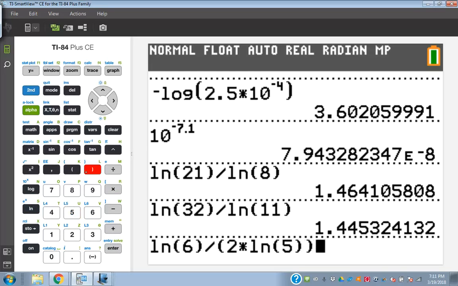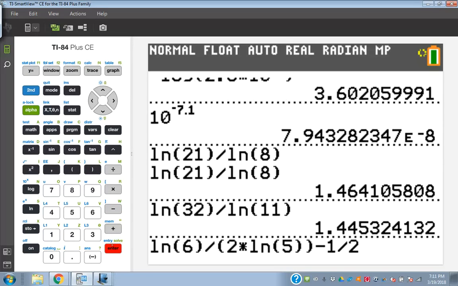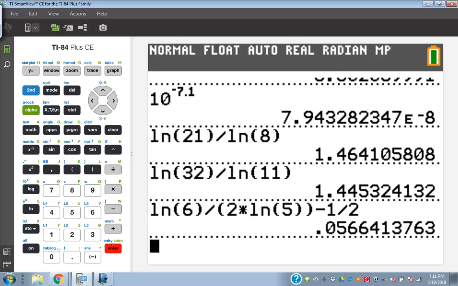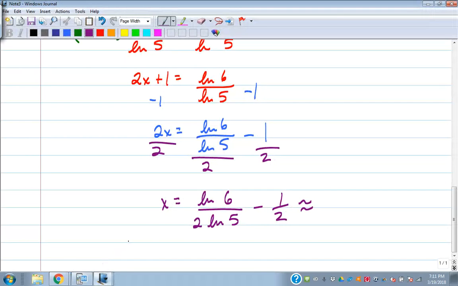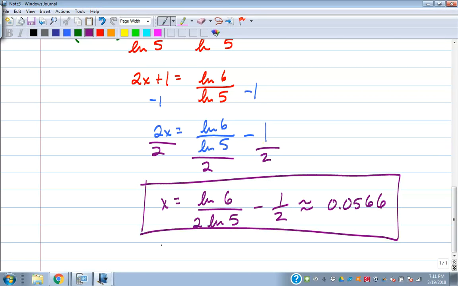Notice that I put the denominator all in parentheses because it matters. If you don't, you're going to get it wrong. And then minus 1/2. Going 4 decimal places. 1, 2, 3, 4. So 0.0566. That's what x is equal to.